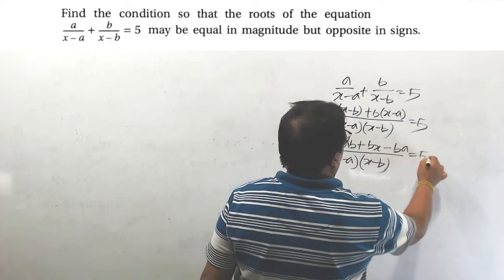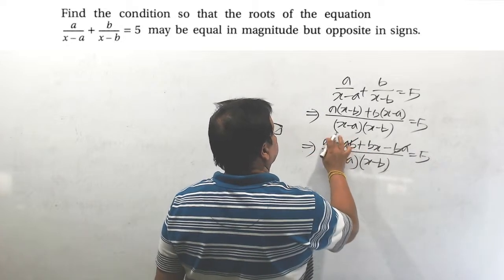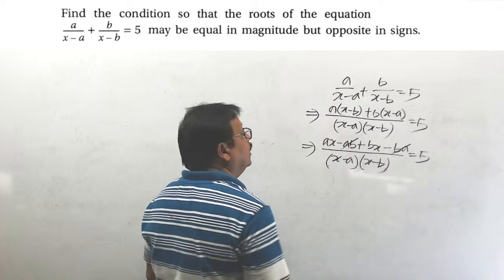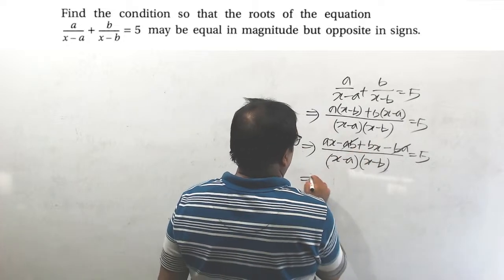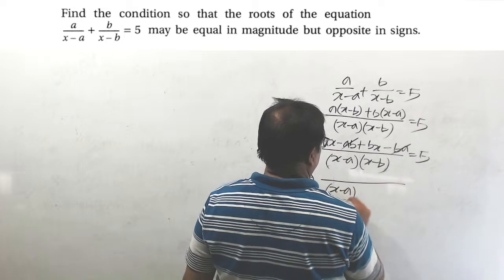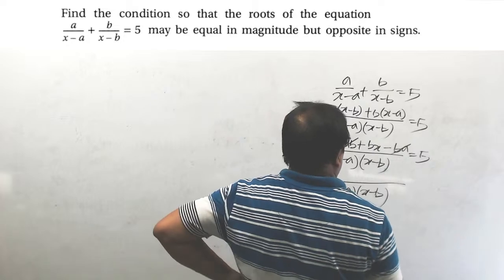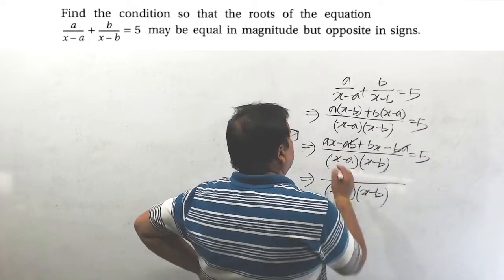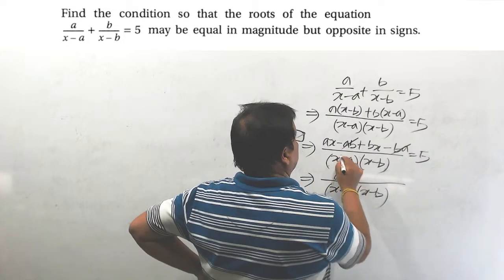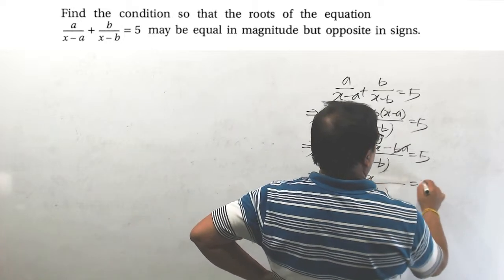Understood? ba means ab, sorry, ab cancelled. ba and ab are all the same. This implies x minus a, x minus b, ax plus bx equals to 5. Okay.